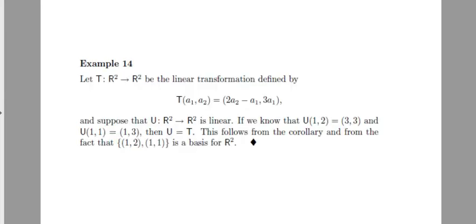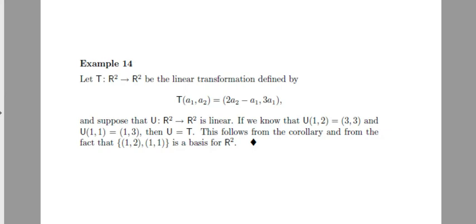Last example: let T from R² to R² be the linear transformation defined by T(a1, a2) equal to (2a2 minus a1, 3a1), and suppose that U from R² to R² is linear. If we have U(1, 2) equal to (3, 3) and U(1, 1) equal to (1, 3), then calculate T(1, 2) and T(1, 1).